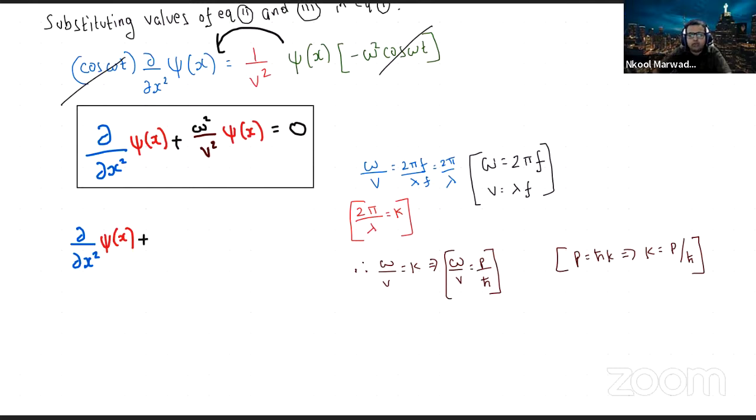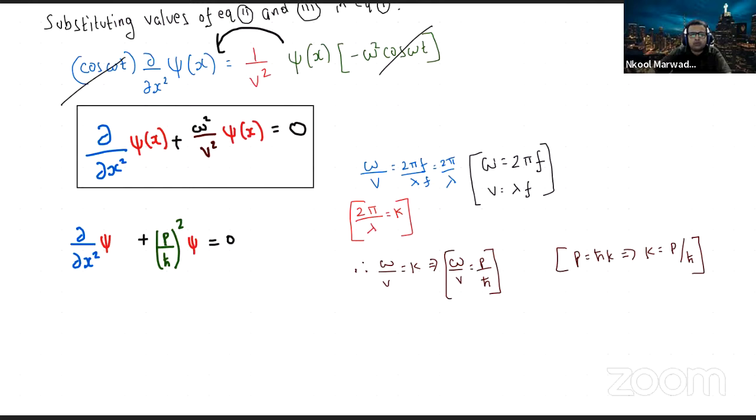Instead of omega by v, I can write momentum by h cross whole square. No need to write x, because it can be 3D also, so let us just write psi itself, the wave function. So this is one more useful form.